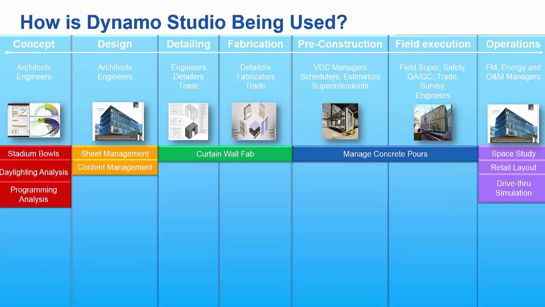When it comes to detailing and fabrication, curtain walls take the lion's share of that and allows engineers to deliver detailed drawings to the fabricators. Fabricators are in turn able to fabricate and control the slight variations of different components in the curtain wall.